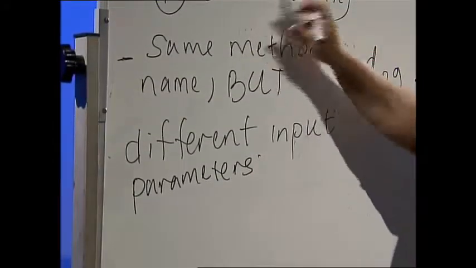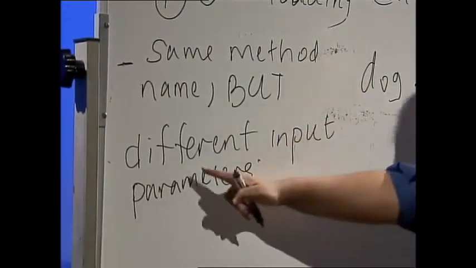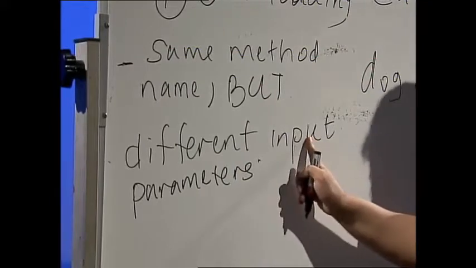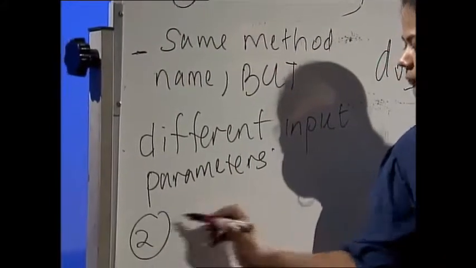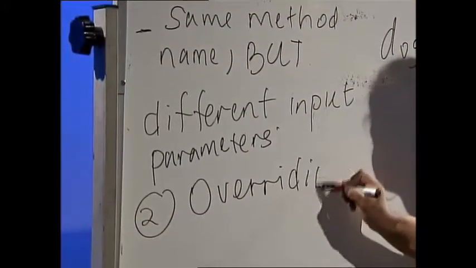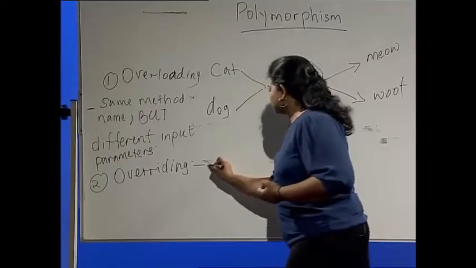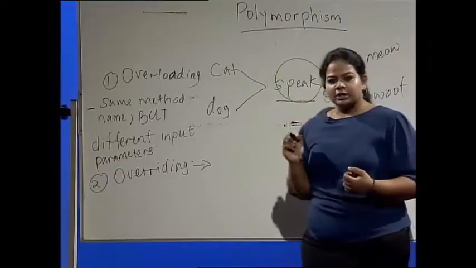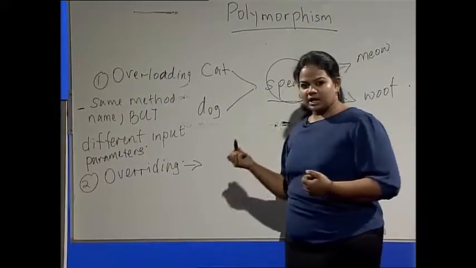So again, overloading is you can have the same name, but you can have different input parameters. Now let's look into overriding. Overriding is the manipulation of the function or methods in the child class.